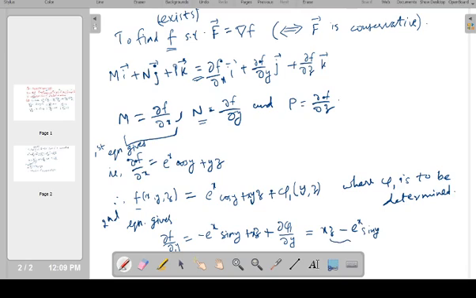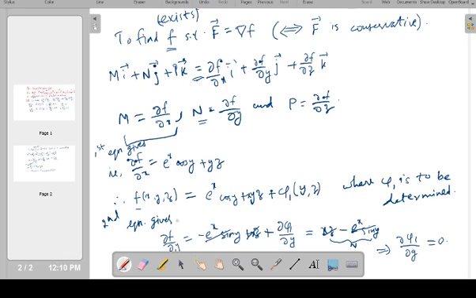So here you have xz, here you have xz, they can cancel, and here minus e to the power x sin y, and here also minus e to the power x sin y. These two terms can cancel. So dou phi1 by dou y is equal to 0.